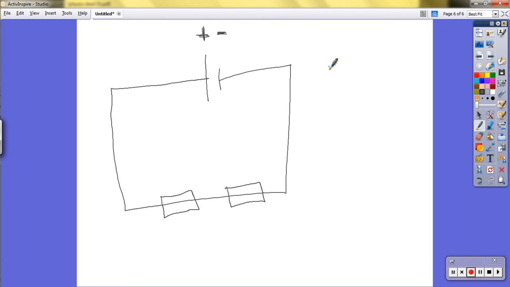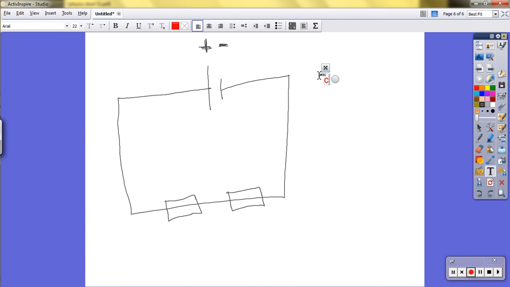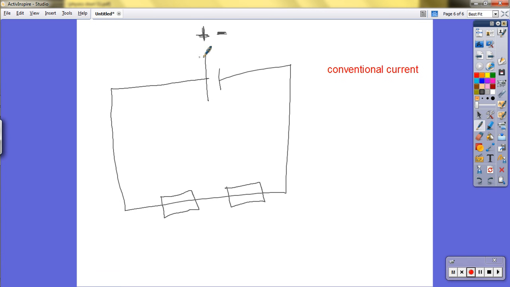Now conventional current, C, O, N, conventional current, went from positive to negative, right?